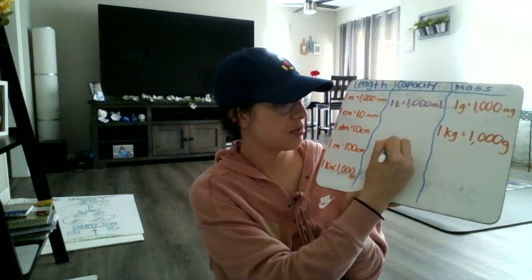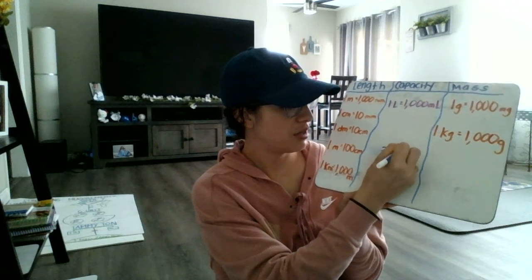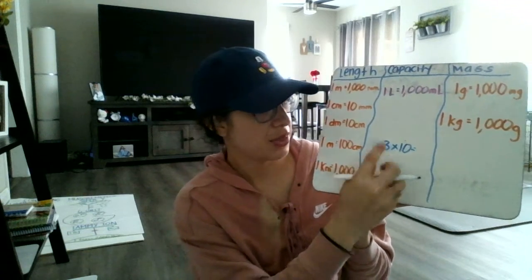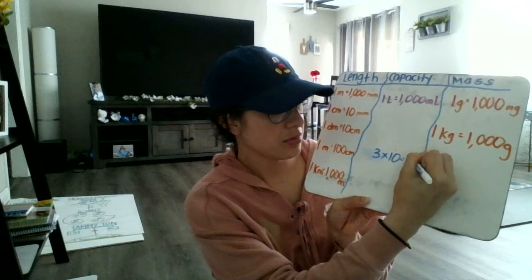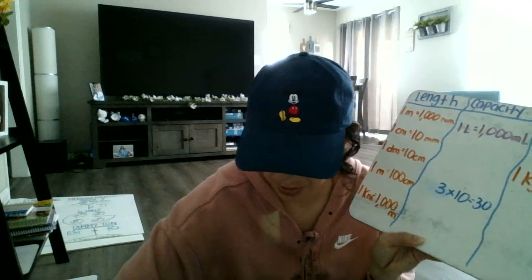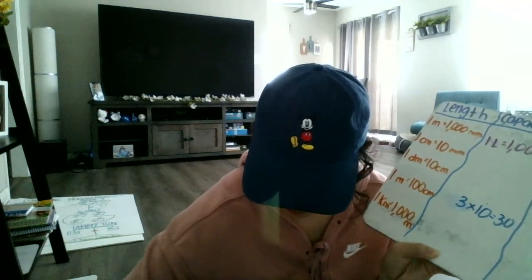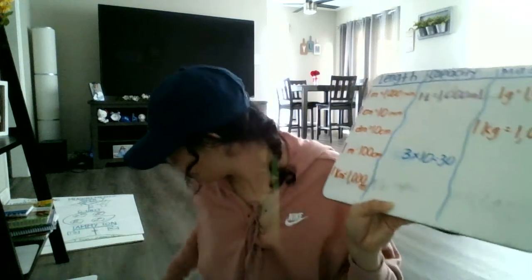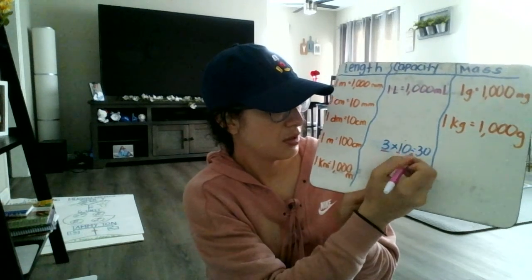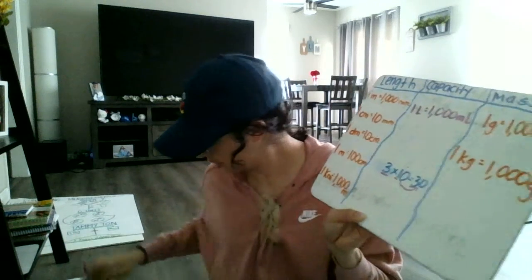Okay, so let's say we have 3 times 10. We get 30, right? So we multiply 3 times 1, and we get 3, and we just move the 0 to the back, right?